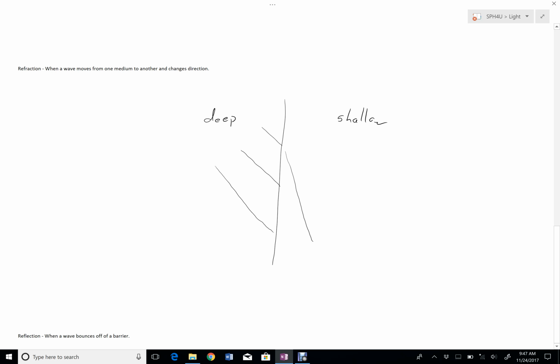And when I try and draw this with a decreased wavelength, what I see is that my wave changes direction slightly. My wave came in this direction, and it left in this direction. So it moved a little bit more straight through the shallow water where it's going slower. This would be faster.